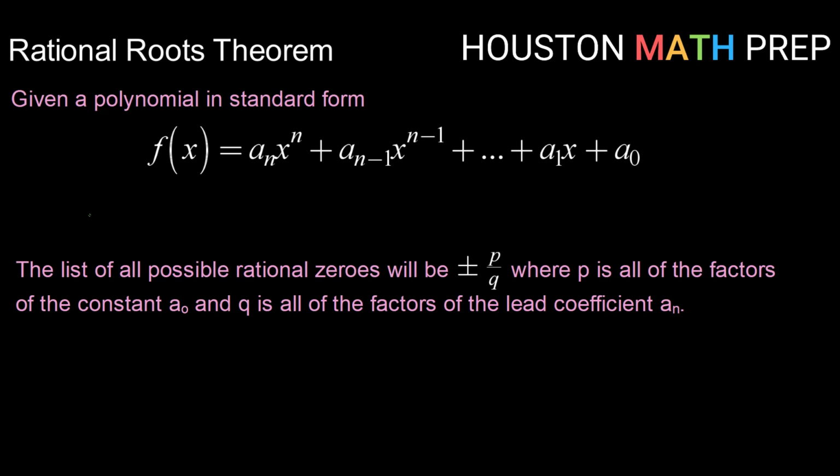So, the list of all possible rational zeros will come in the form plus or minus p over q, where p is the list of all the factors of our constant a sub 0. Our constant term is the one that doesn't have any powers of x, and so we're going to look for all the factors that go evenly into that constant, and that will give us our list of values in our numerator, or our p values, over q, which is all the factors of the lead coefficient a sub n.